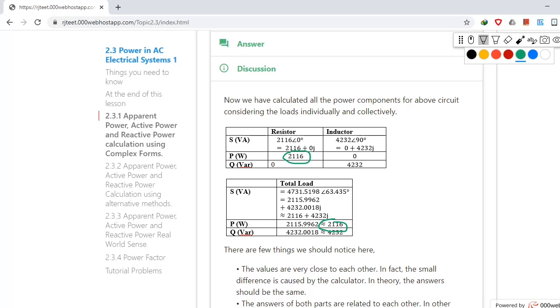It can't be two different things, because inductors are not going to consume any active power. Inductors are only reactive power consuming devices. Therefore, the only device in this circuit which is consuming active power is a resistor. Therefore, these two values must be the same, right? That's one thing you should notice.